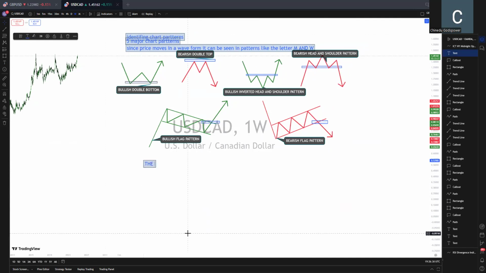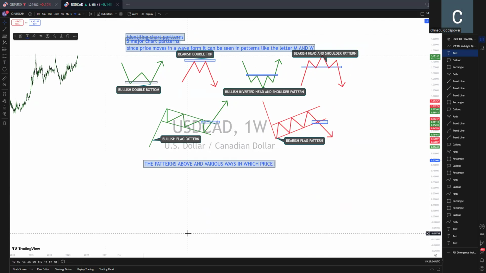The patterns above are various ways in which price moves.